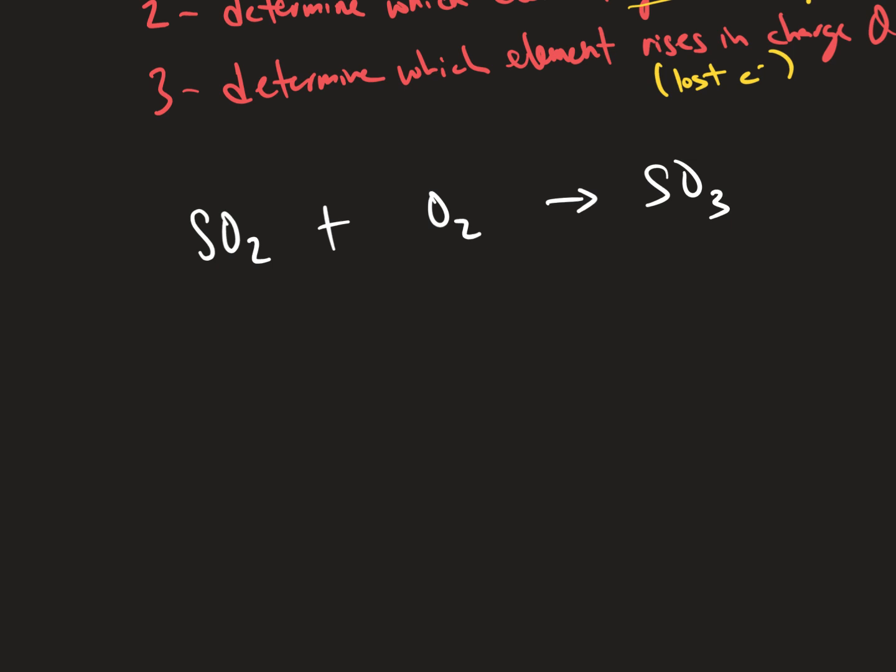Which one do you want to figure out first? The oxygen. Oxygen has an oxidation number of 0. Good. Now let's do SO2. Out of sulfur and oxygen, which one do we know? Oxygen has an oxidation number of what? Only if it's by itself.